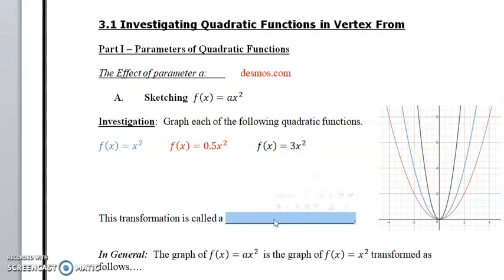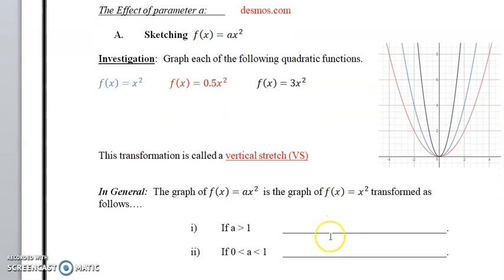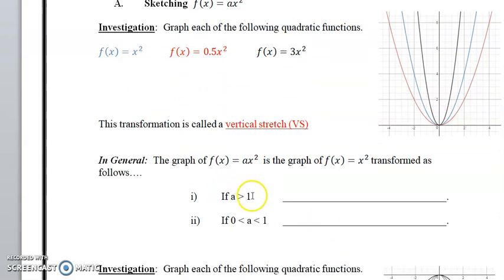So this is what's called a vertical stretch, sometimes short for VS. We're going to use this very frequently in this section, and we're also going to do it in Pre-Calculus 12. So let's talk about in general what happens here. If the a value is greater than 1, this is what we call a stretch.